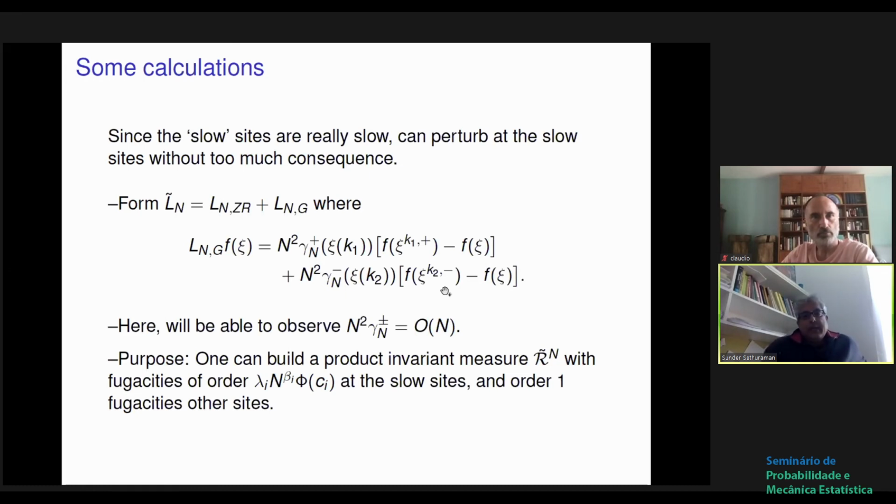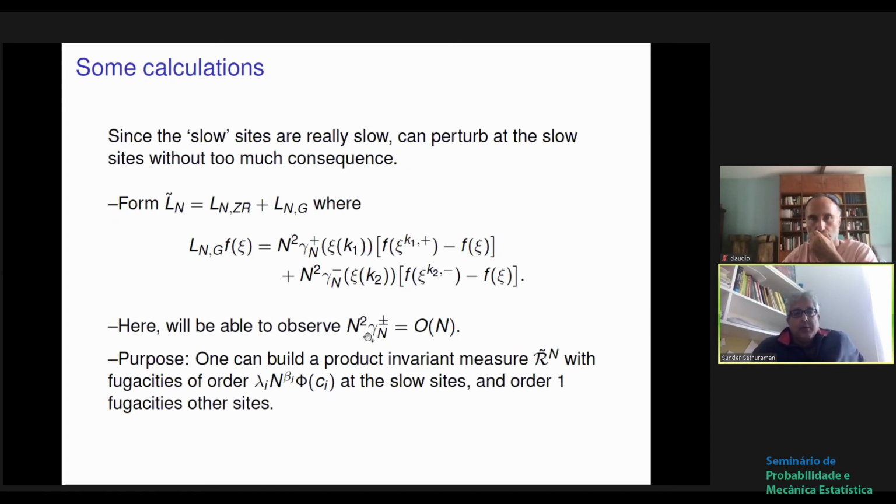One can choose the Glauber rates so that when we multiply by n squared, this will be order n. So these gamma n plus and gamma n minus will be like 1 over n effectively. And one can choose the form of gamma plus and gamma minus so that, with respect to this perturbed generator, the product measure that we want will be invariant.